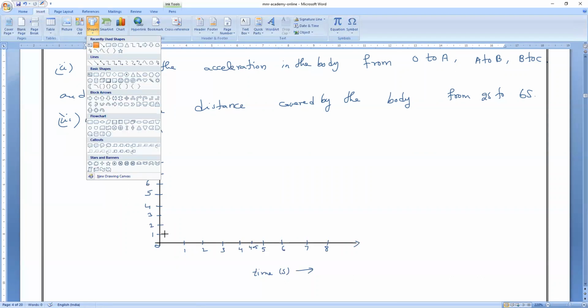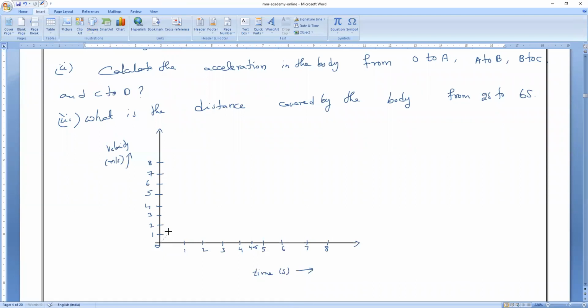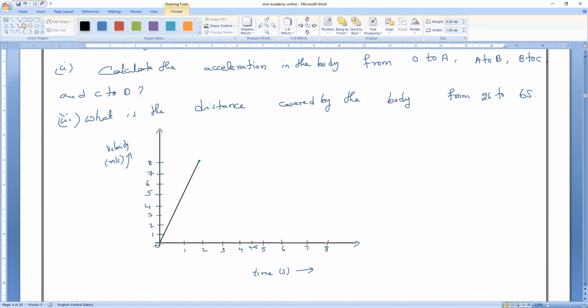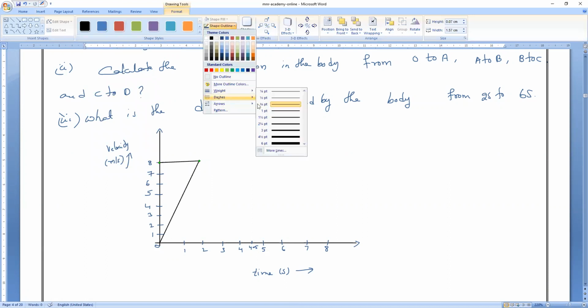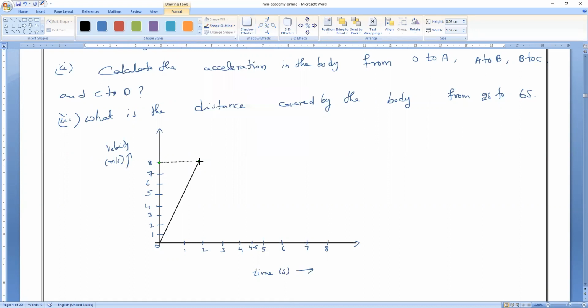Next, the graph first. Directly see, it is going from 8 to 2. Okay, that is the first graph. Next, I'll make dotted lines. These are dotted lines, guys, dashes.